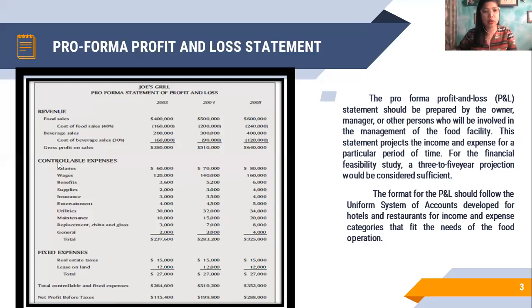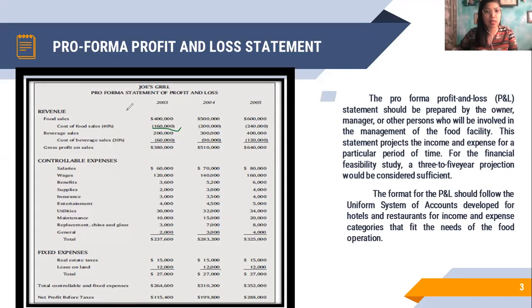Okay, so again, in order to get the gross profit on sales, you need to have the difference first of the food sales minus the cost of food sales, which in this example is 160. So you need to have the difference between the food sales and the cost of food sales.